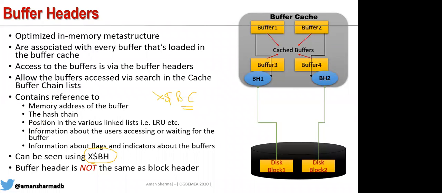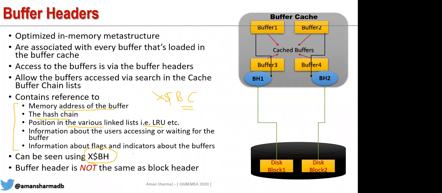Each header has the address, the chain it is linked to, and which position it is in, like the LRU or the MRU. It also has information on whether you're able to access the buffer or not, and what the current flag on that buffer is, whether it is a dirty buffer or a clean buffer, and so on.